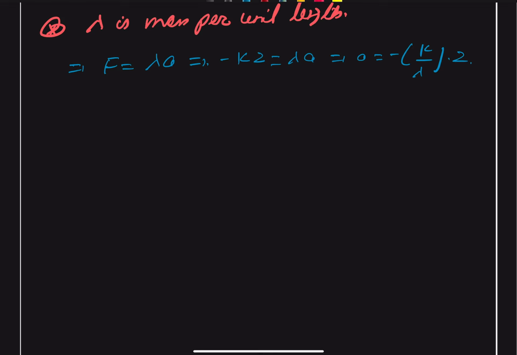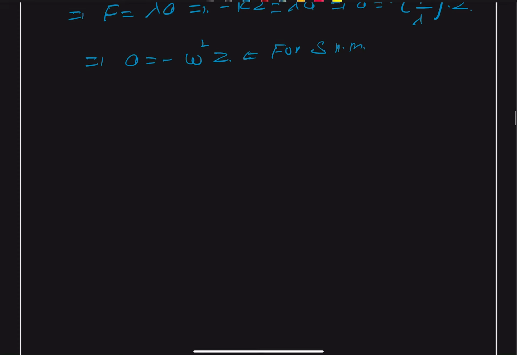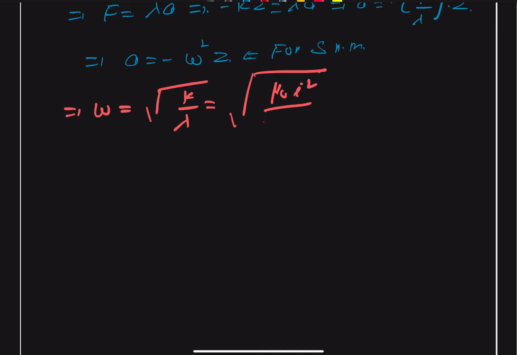And we can further write that A, which is a standard equation, is minus omega square z. This is for SHM. So therefore, our omega will be equal to square root of k upon lambda. We already know k. We substitute the value. We get this as mu naught I square divided by pi lambda d square.